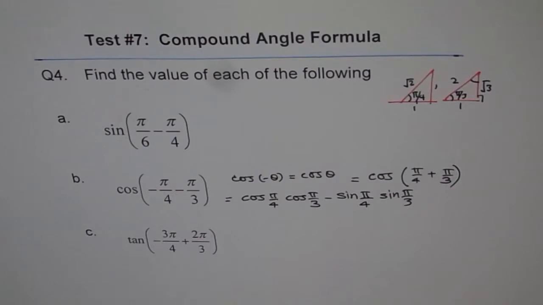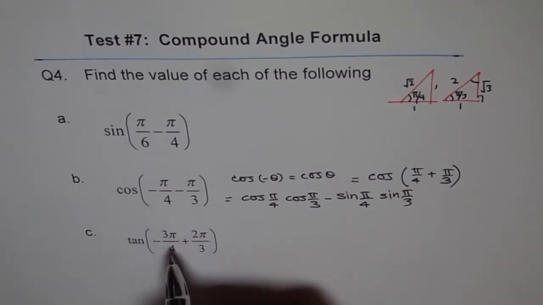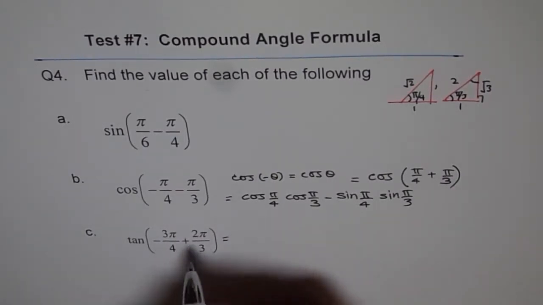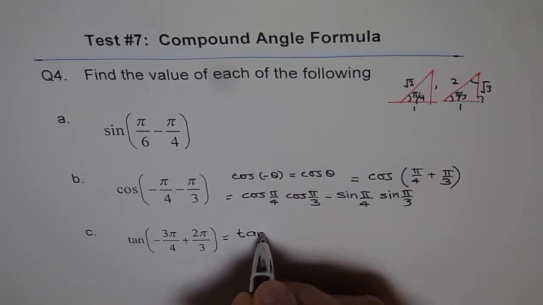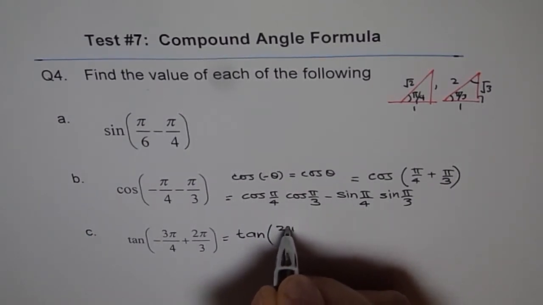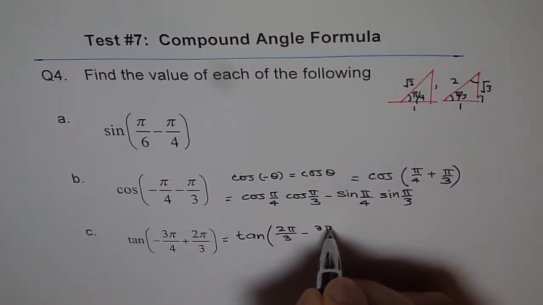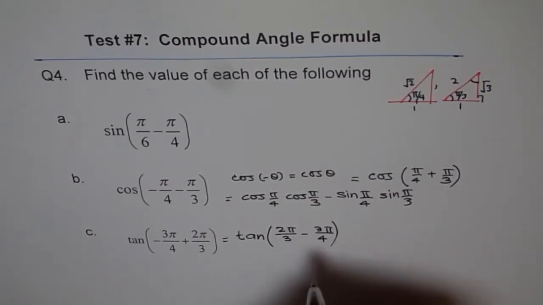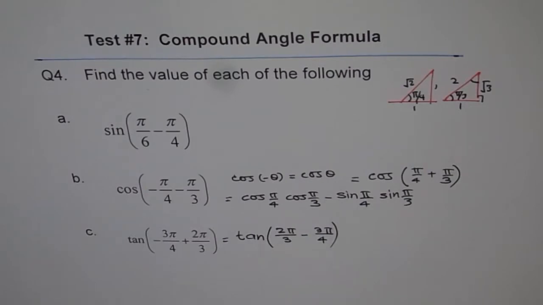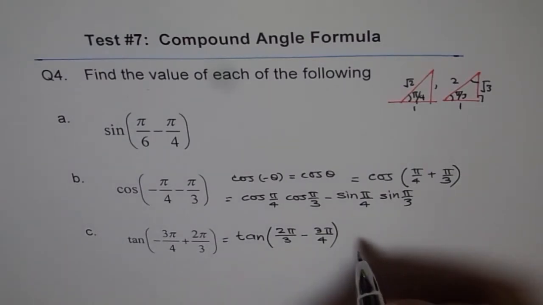Now, tan. Here we can just shuffle the values inside. So we get tan of 2 pi by 3 minus 3 pi by 4, correct? Then you can use your tan formula and get all the values, right?